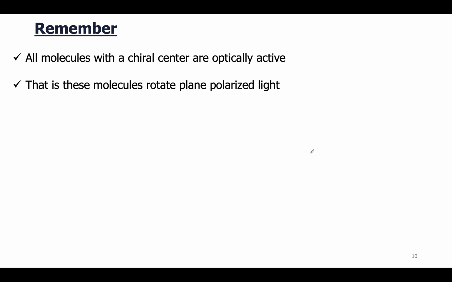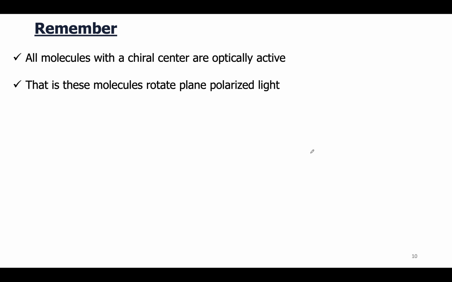So what we need to remember here is that all molecules with a chiral center are optically active. That means all amino acids except glycine are optically active, because all amino acids except glycine have a chiral center.